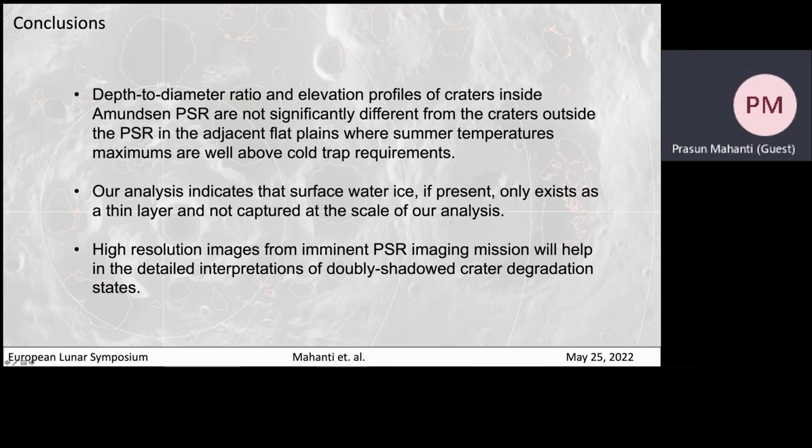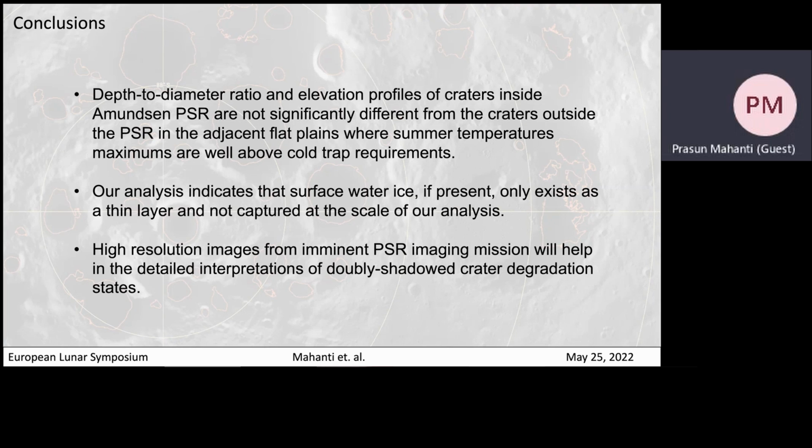And which leads us to the conclusion that because there is no significant difference, this particular analysis indicates that the surface water ice, if present, only exists as a very thin layer and is not captured at the scale of our analysis.